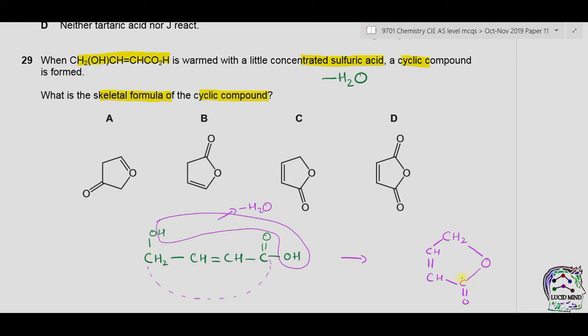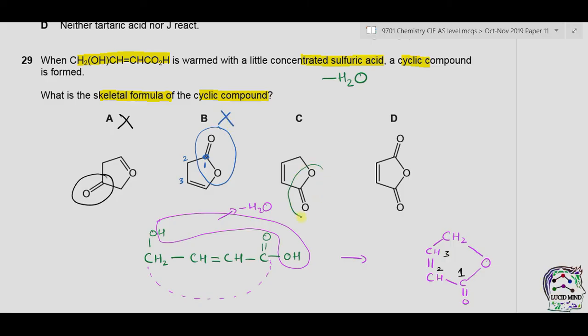Now starting from the carboxylic acid carbon, this is first, second and third, so we can see that the double bond is present between the second and third carbon. In the first option there is no carboxylic acid, a ketone is present, so A is incorrect. In B we have this one as carboxylic acid, so if this is the first carbon atom then the double bond should be present between second and third, so B is also incorrect.